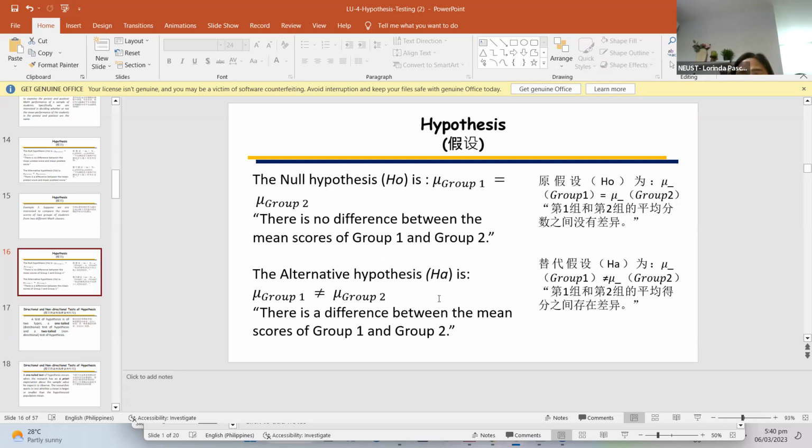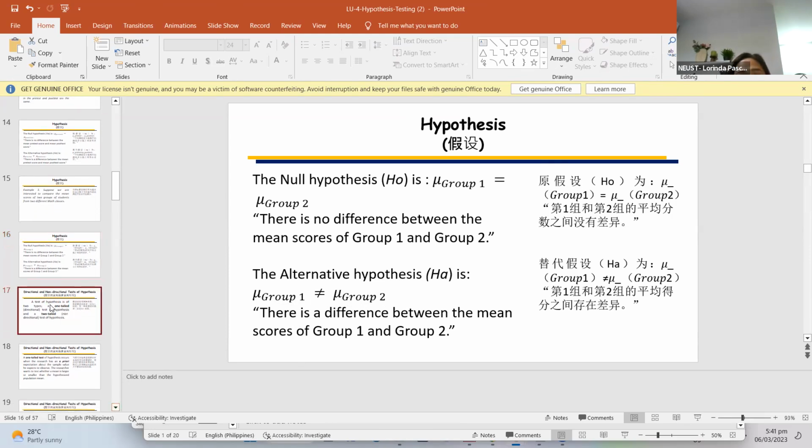Now the alternative hypothesis HA can be mathematically stated as the mean scores of group 1 is not equal to the mean scores of group 2. So kung hindi equal yung scores nila, ano ibig sabihin? There is a difference. So there is a difference between the mean scores of group 1 and group 2.